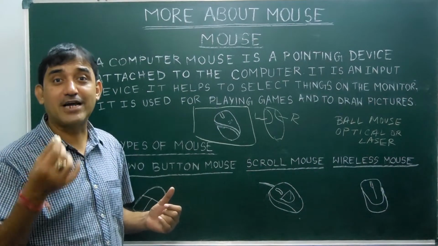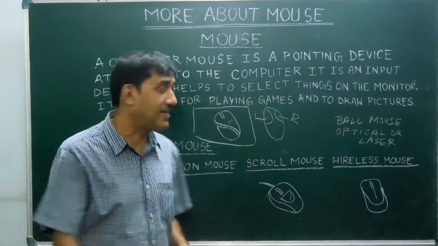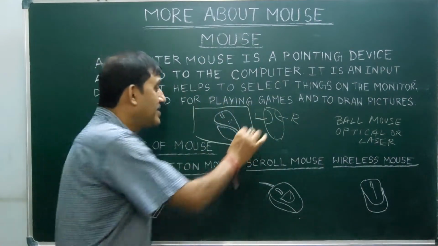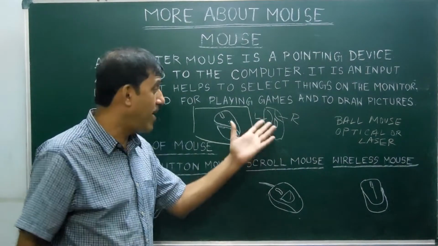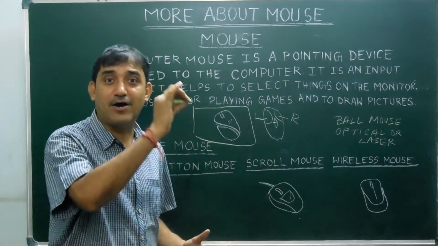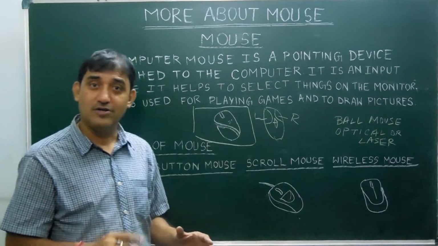When you right click on the mouse, right click is this one, I click on there. There is also a scroll, known as the scroll wheel, where we can scroll up and down the page.